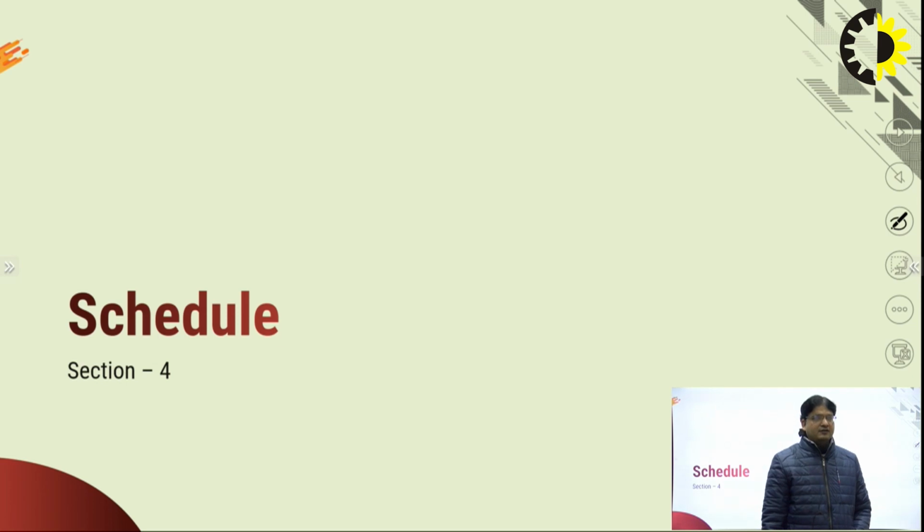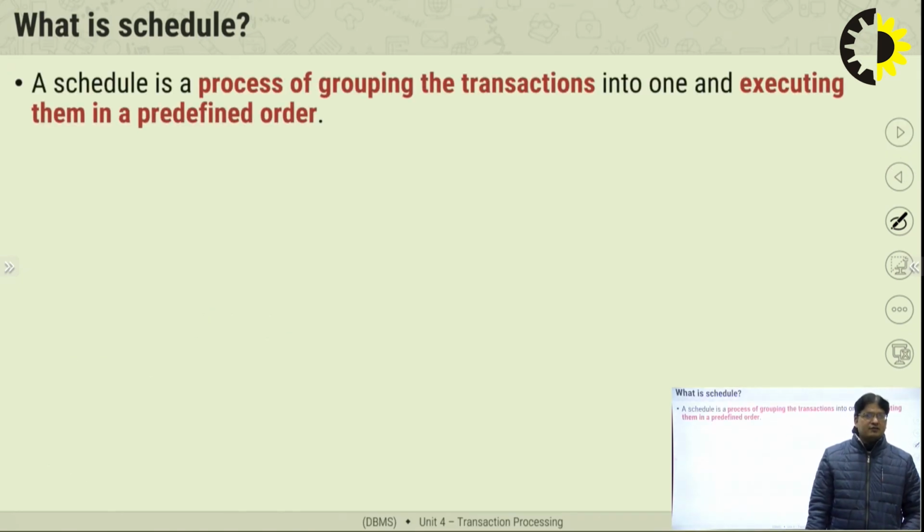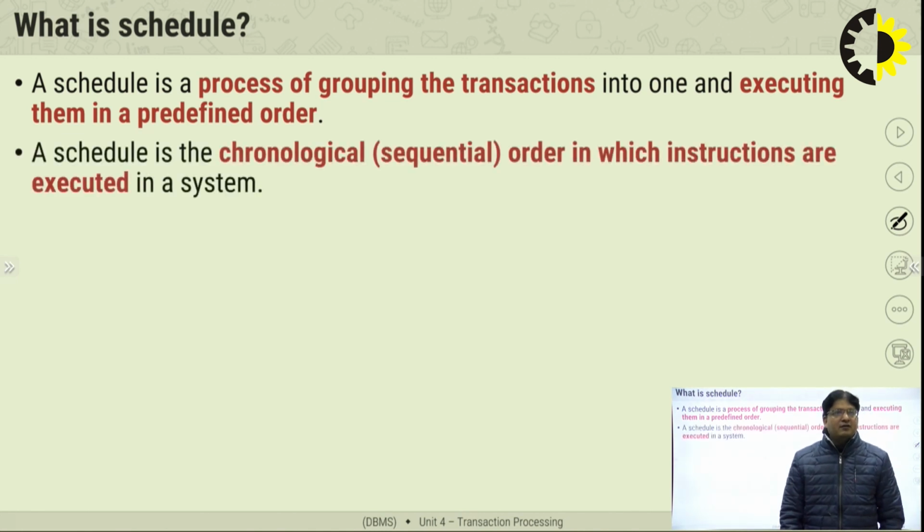Now, the next topic that we are going to discuss in transition processing is schedule. So, what is a schedule? A schedule is a grouping of the transitions into one and executing them in a predefined manner. That is, we have chronologically ordered the instruction set and execute them in a well defined manner.